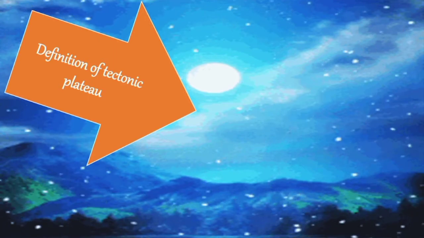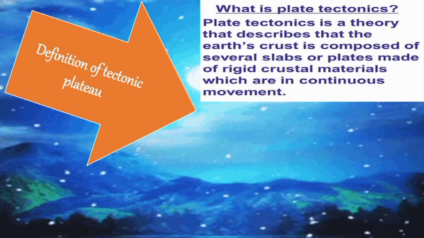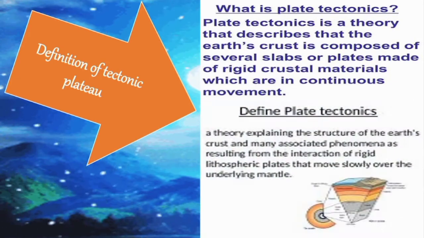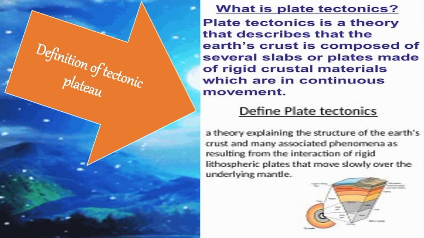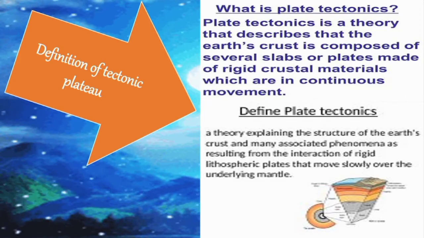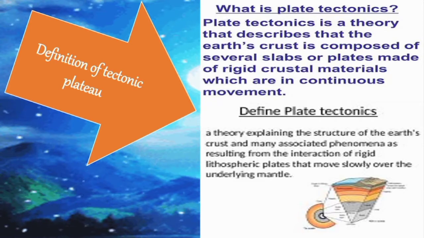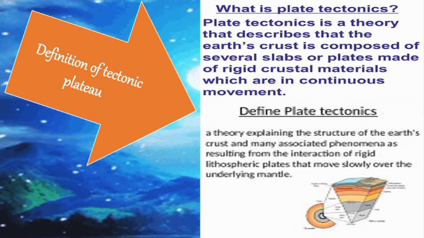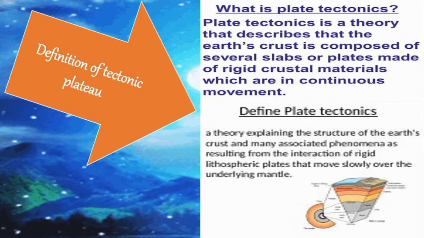Now, when we talk about the tectonic plateau, what are we actually talking about? Tectonic plateaus are formed by tectonic plate movement, which causes uplift, and are normally of a considerable size and a fairly uniform altitude. An example of the tectonic plateau is the Deccan Plateau in India.